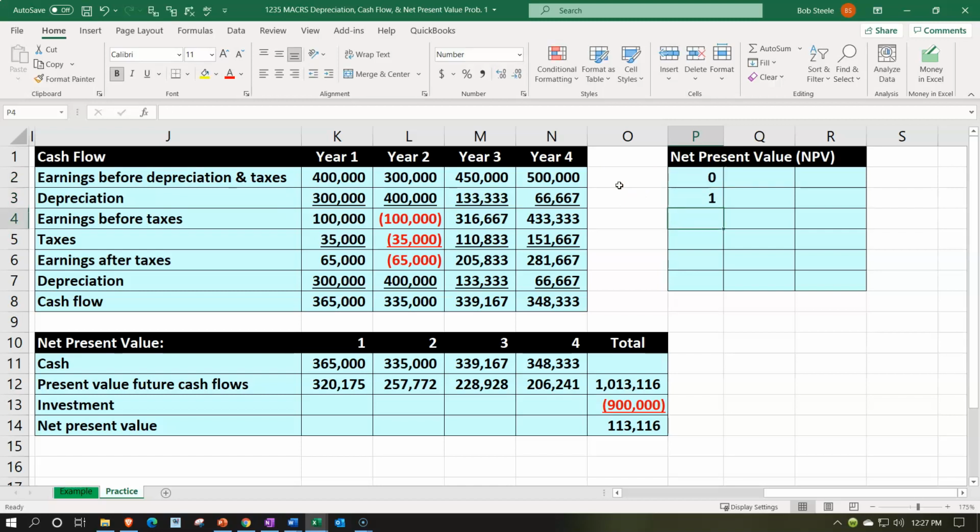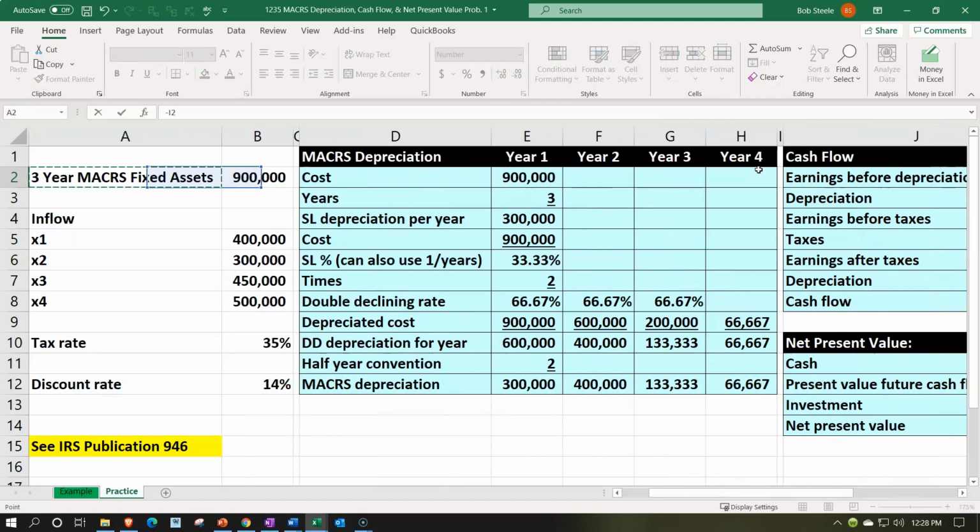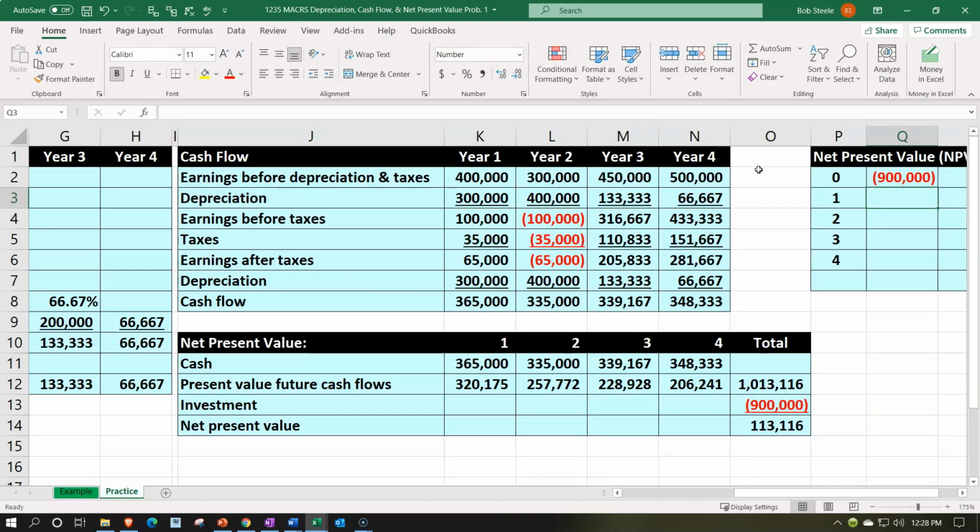So we'll just say 1, 2, 3, and then select those and drag that down and put this in our horizontal fashion. And then we're going to go alignment center, and then we'll pick up the negative 900,000. And then we're going to pick up our inflows, which we calculated down here.